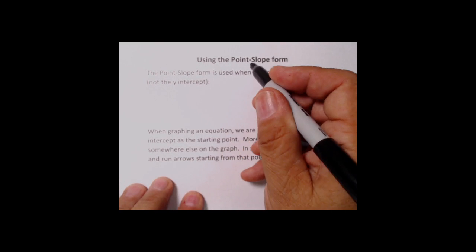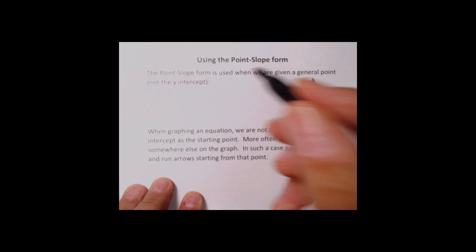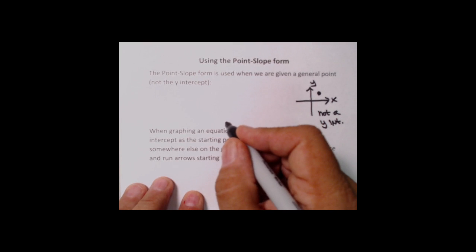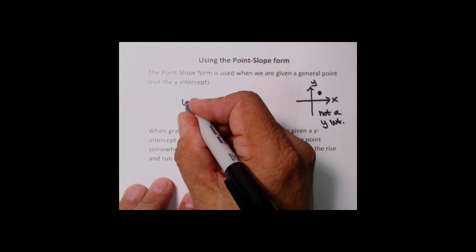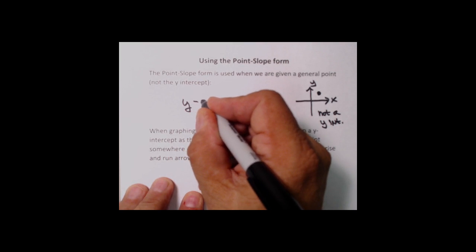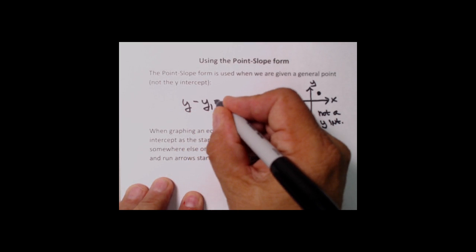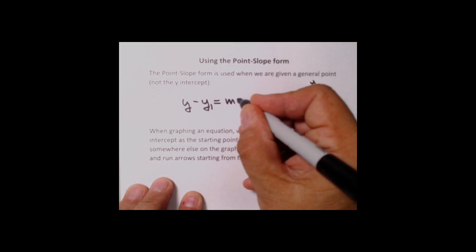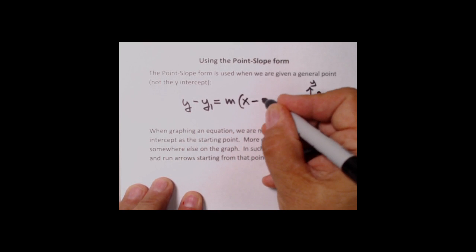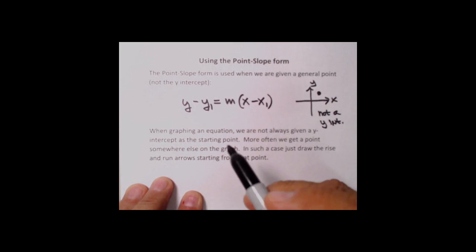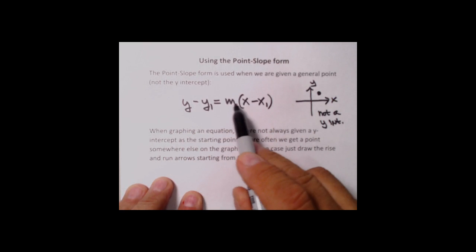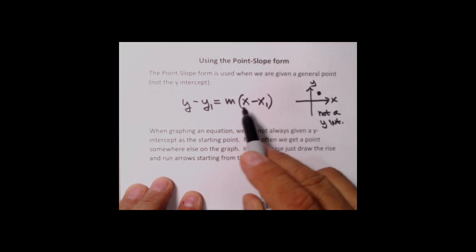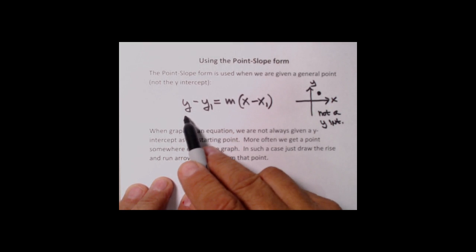But there's a cousin to that, the point-slope form, which we can write like this: y minus y1 equals m times x minus x1. Now, the x and the y here, without subscripts, are the regular x's and y's in the equation.